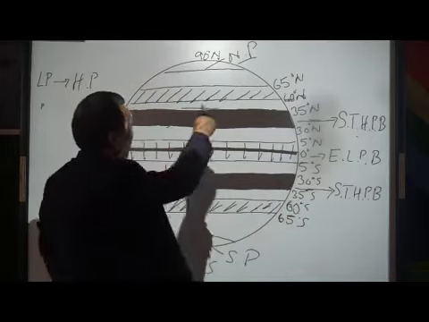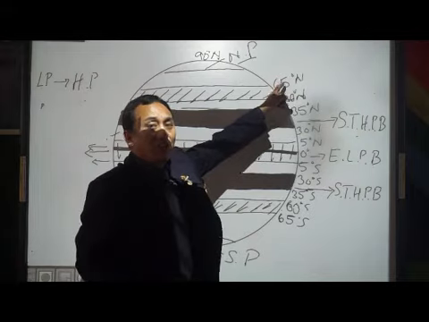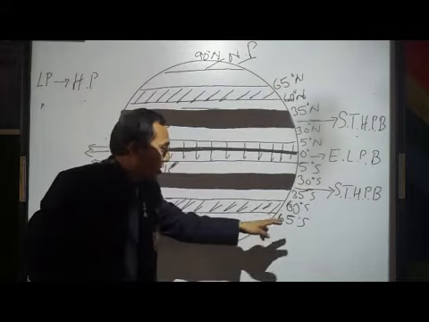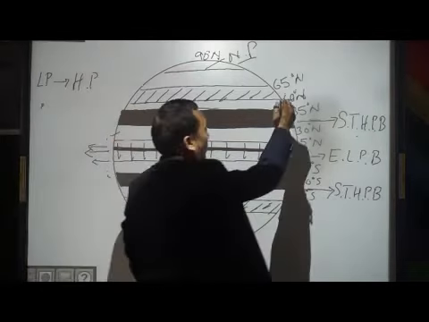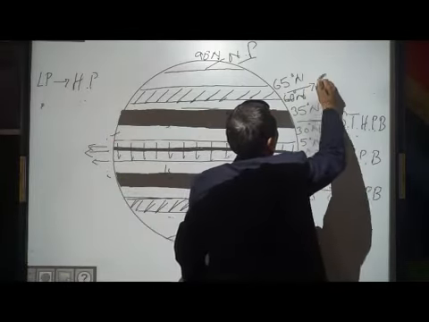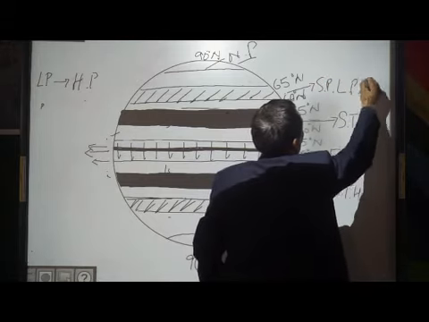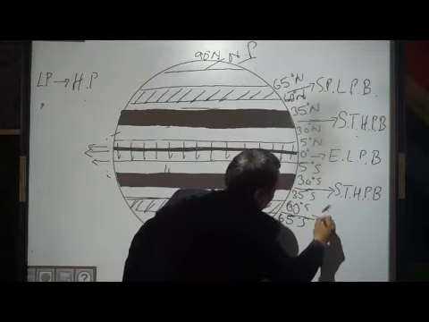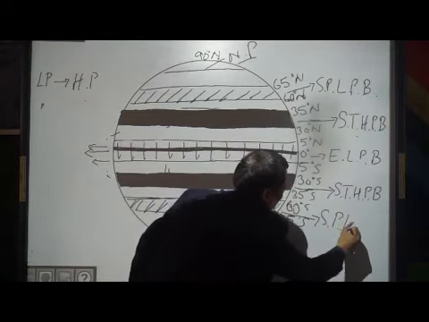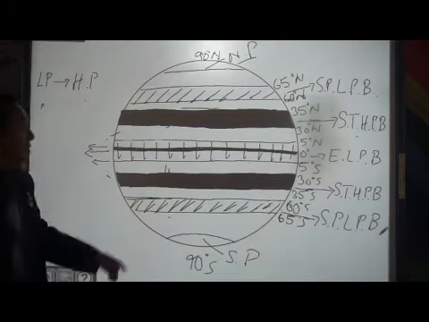Then if you go further up, we have 60 degrees north to 65 degrees north and 60 degrees south to 65 degrees south. This place is called the subpolar low pressure belt in the north, and we also have it here in the south.